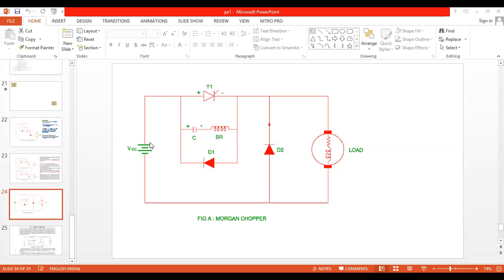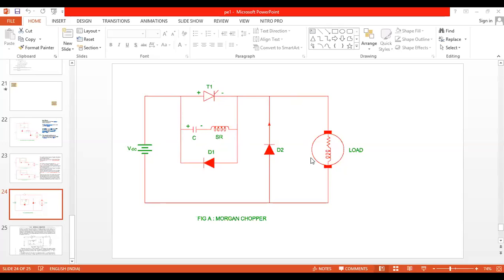When the supply is on and T1 is turned on, the current flows from VDC plus to T1. Current cannot enter the other branch because it is already filled with energy. So it goes from T1 to the motor, and from the motor to VDC minus.